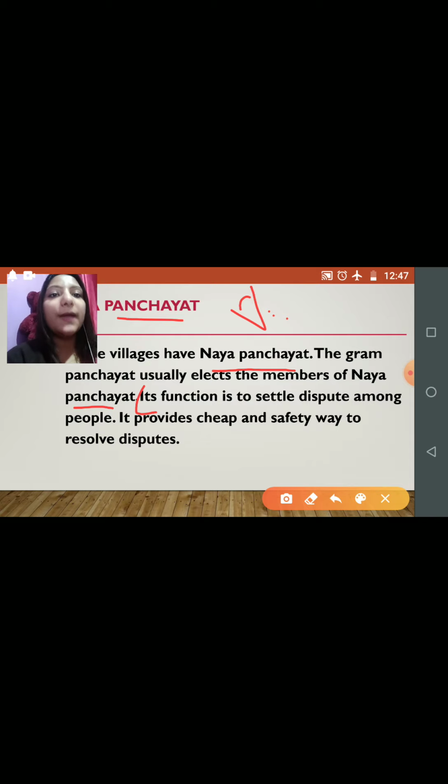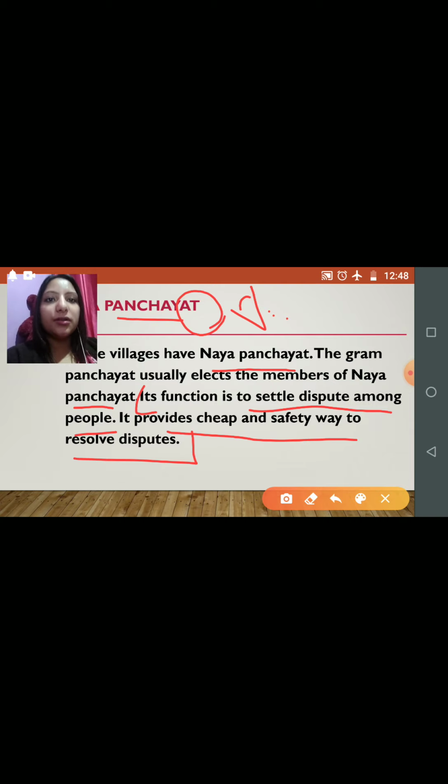In the same way, the villagers seek justice from this institution. Its function is to settle disputes among the people. It provides a cheap and safe way to settle disputes. So you need to remember that Nay Panchayat acts as the smallest court at your village level.